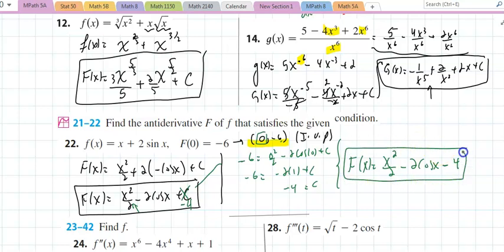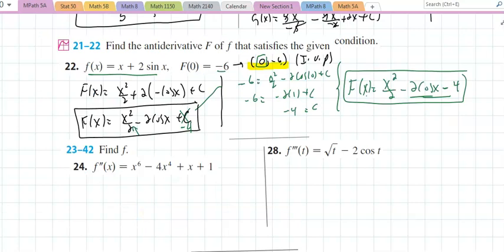This is a function in which you take a derivative, you get this, and if you throw 0 in initially, right there, you will get a negative 6. And the same idea could apply to something like 24, where you took two derivatives and ended up with a value. Well, if we take the first derivative, add 1 to the power, divide by that, add 1 to the power, divide by that, add 1 to the power, divide by that, oops, not an x, a 2, plus x plus c, right?